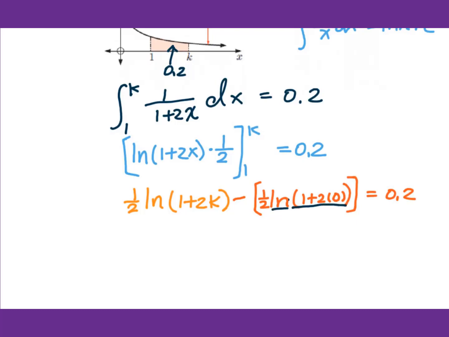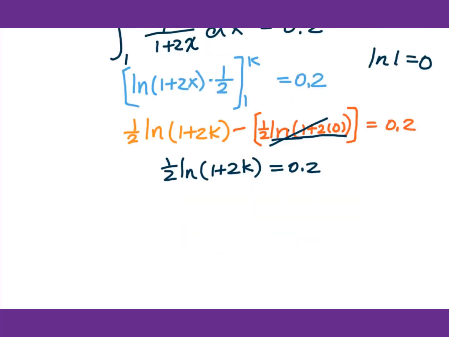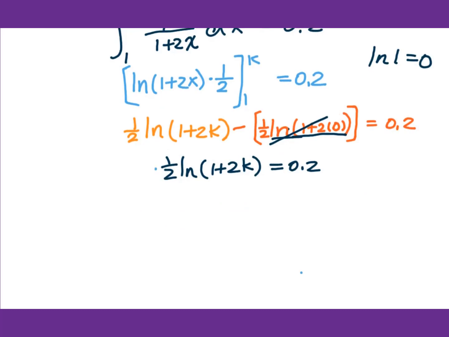This gives you 1. Natural log of 1 equals 0. So this equals 0. We can get natural log of 1 plus 2k, that 1/2 equals 0.2. We solve this logarithm equation. Multiply by 2 both sides. You will get natural log of 1 plus 2k equals 0.4.